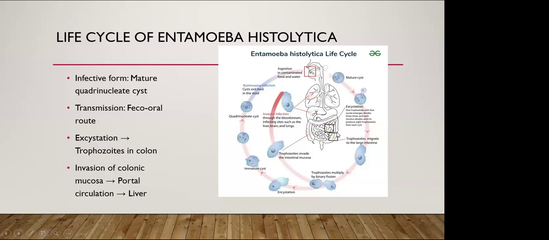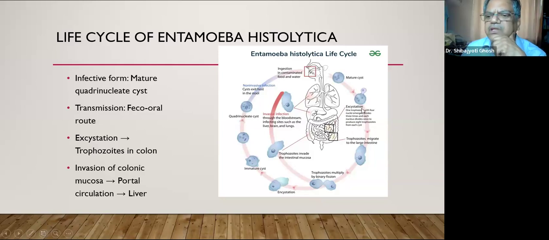When it enters into the colon, excystation occurs, and the trophozoite migrates into the large intestine, and the trophozoites then multiply by binary fission. They multiply here and invade the intestinal mucosa.